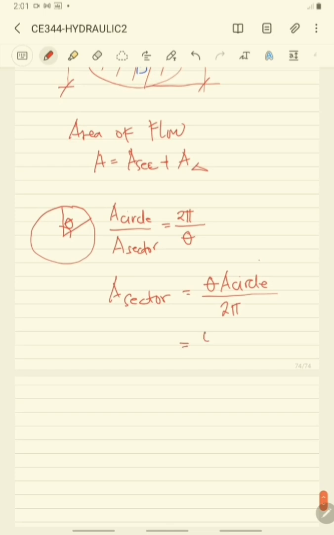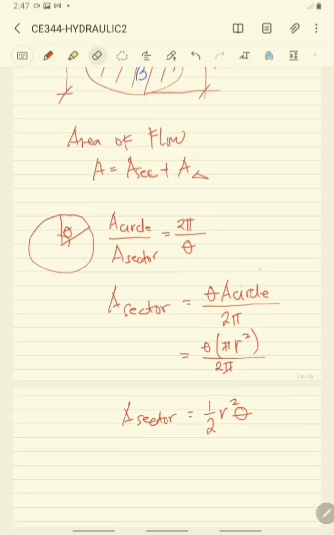Since the area of the circle is equal to pi r squared, we have now theta times pi r squared divided by 2 pi. So the area of the sector is equal to, we can cancel the pi, what remains is 1/2 r squared theta. So this is the formula of the sector.